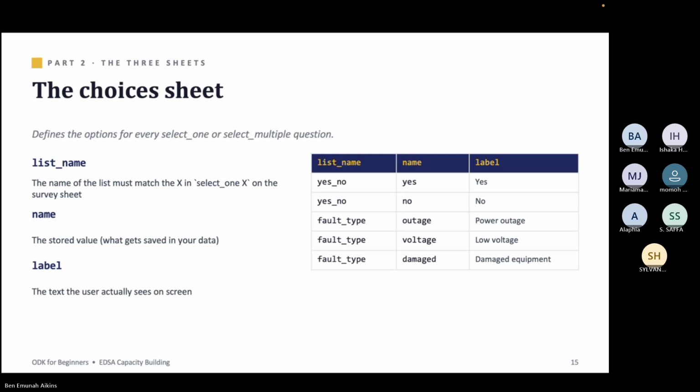Under the list name is always going to be the name that you will attach to the survey form so that the survey will understand that this is the list group that I am supposed to show for the users to select from.